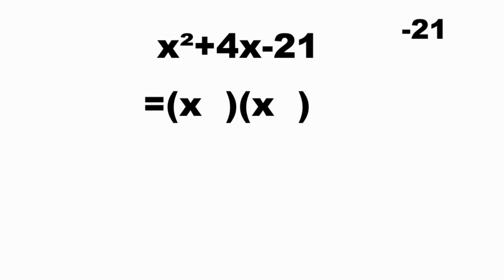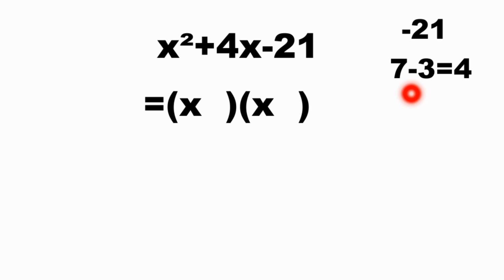The surest possible factors of 21 are 7 times negative 3 is negative 21. And if you add these, or subtract, since this is negative, 7 minus 3 is 4. So that coincides with the number here.